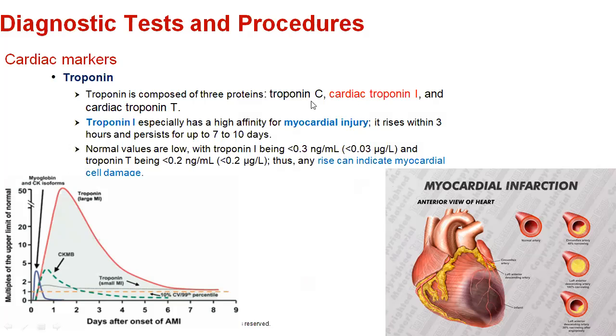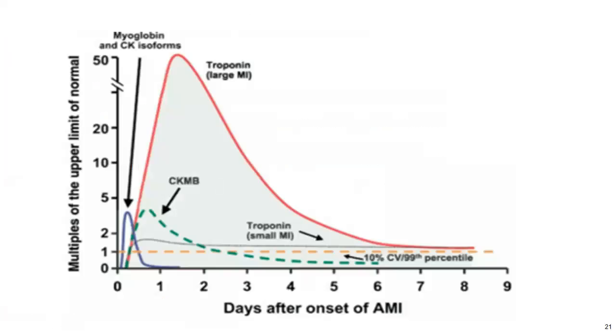Okay. And another enzyme or cardiac marker we use is called CKMB. If you compare and contrast CKMB with troponin, it does not peak like the troponin. It peaks a little bit less, and it is also elevated, but not like the troponin.